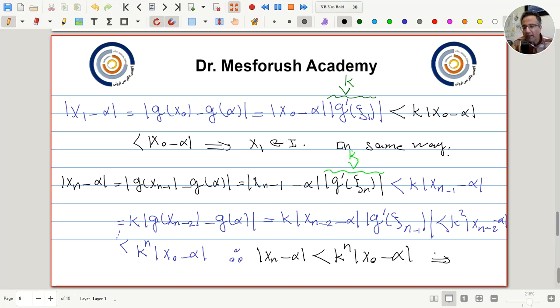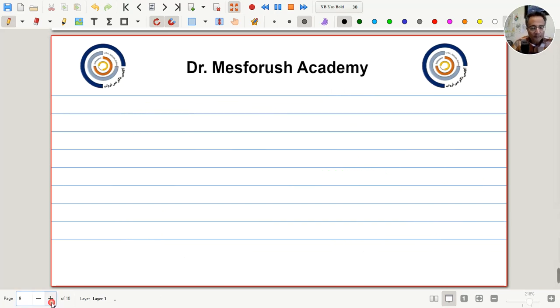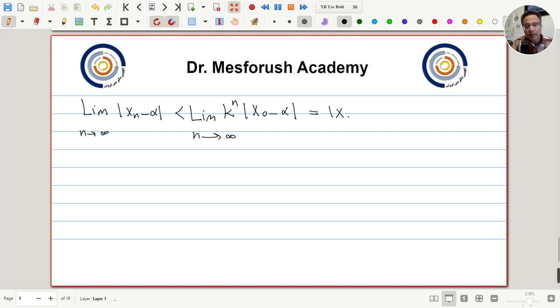Okay, take limit. If we take limit of both sides, we get limit as n goes to infinity of absolute value of x_n minus alpha less than or equal to limit as n goes to infinity of k^n times absolute value of x0 minus alpha. Absolute value of x0 minus alpha is a constant and goes out of the limit, and here we get limit of k^n as n goes to infinity.